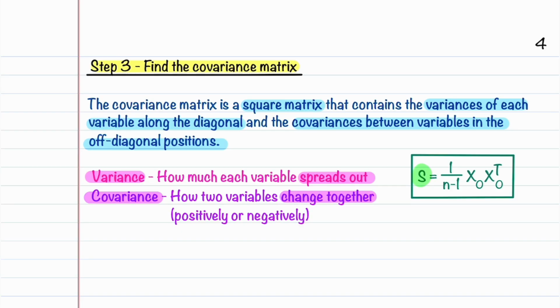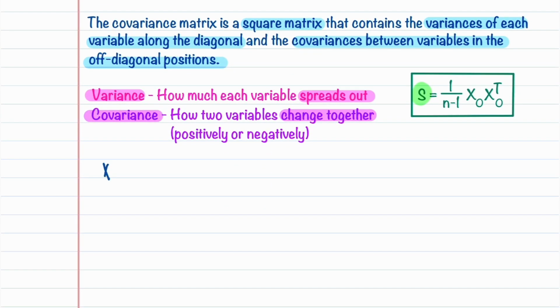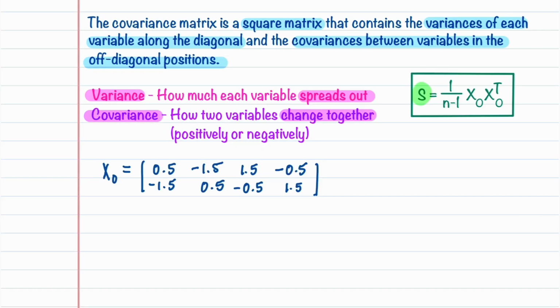Let's now compute the covariance matrix for our temperature humidity example. Let's go ahead and rewrite what our centered data matrix is. And let's also write down what n is equal to. We have 4 column vectors in our matrix, so n is equal to 4.